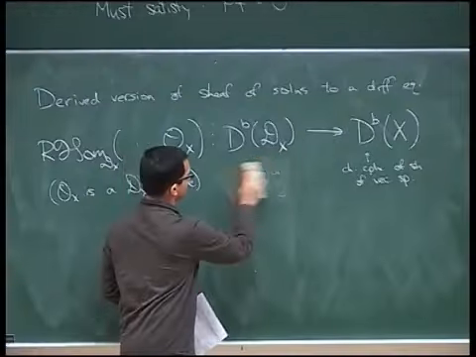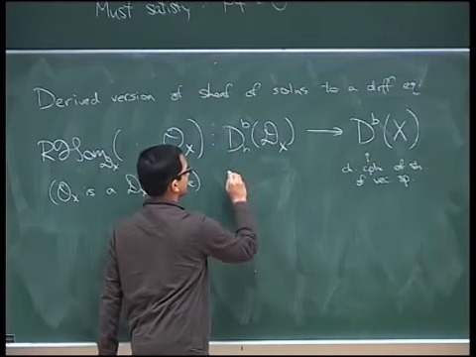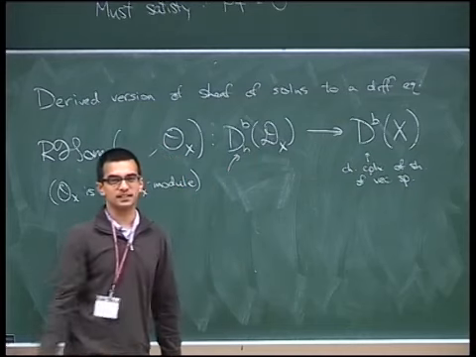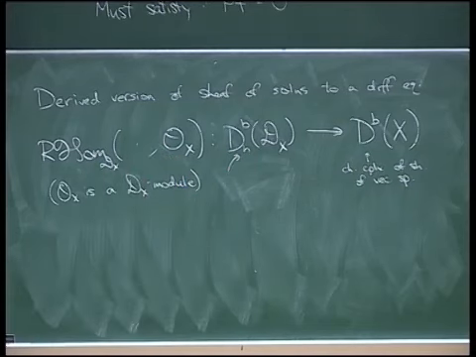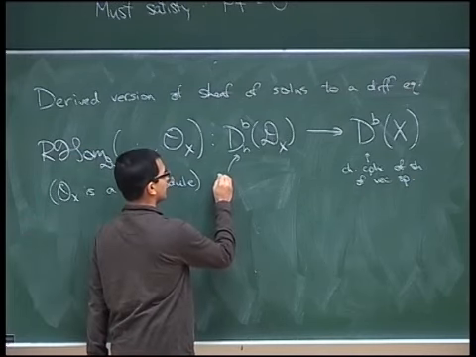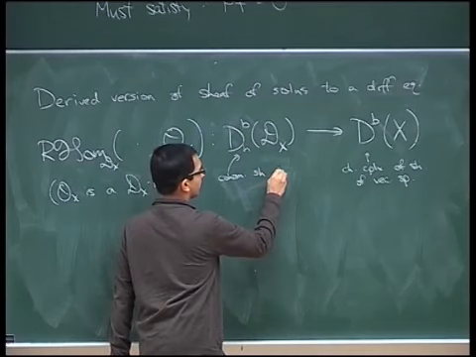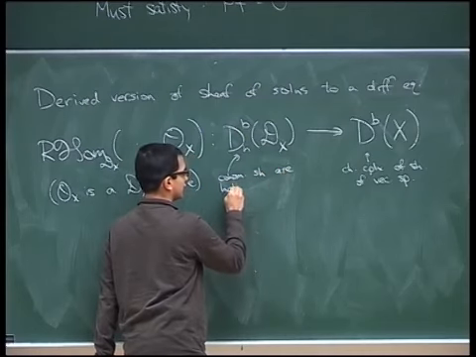I'm going to add a little subscript h to this, which means that we're looking now not at the full bounded derived category of D_X modules, but the subcategory where the cohomology sheaves are holonomic D modules.